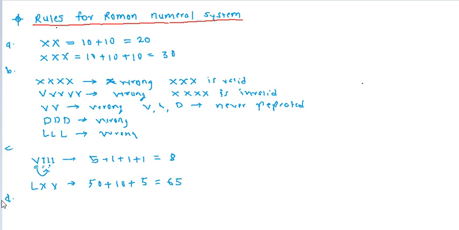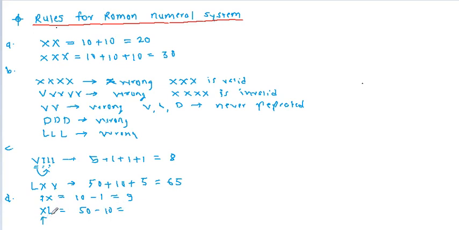The next rule says if a smaller value symbol is written to the left of a greater value symbol, it is subtracted. That means if we write I to the left of X, then the value is subtracted. Similarly, if we write X to the left of L, the value of X, that means 10, is subtracted from the value of L, that is 50.